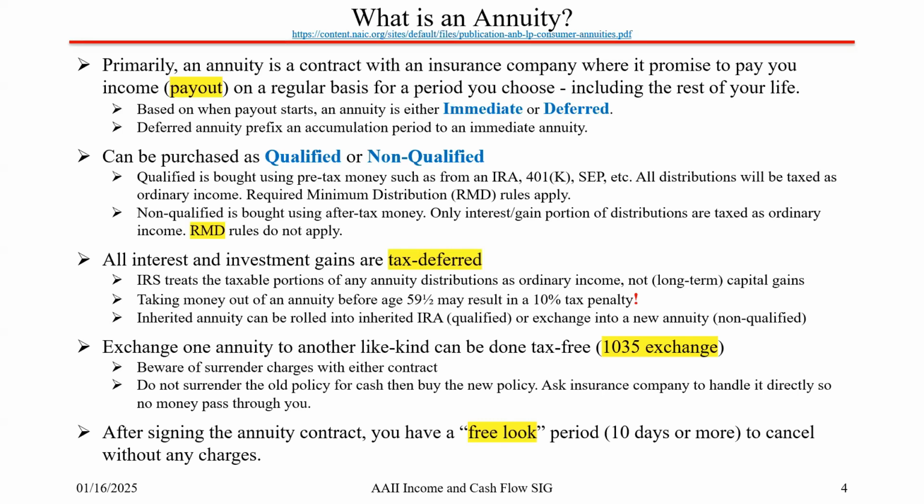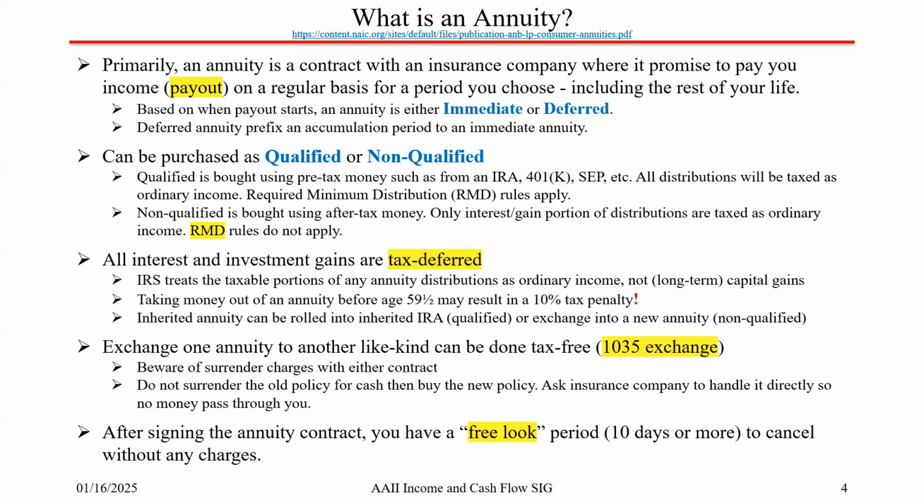Now, the best thing about this is you can have remorse. After you sign the contract, you have what's called a free look period, which is 10 days or more. Each state is different. You can cancel without any charges. And I did this once for a poor lady.